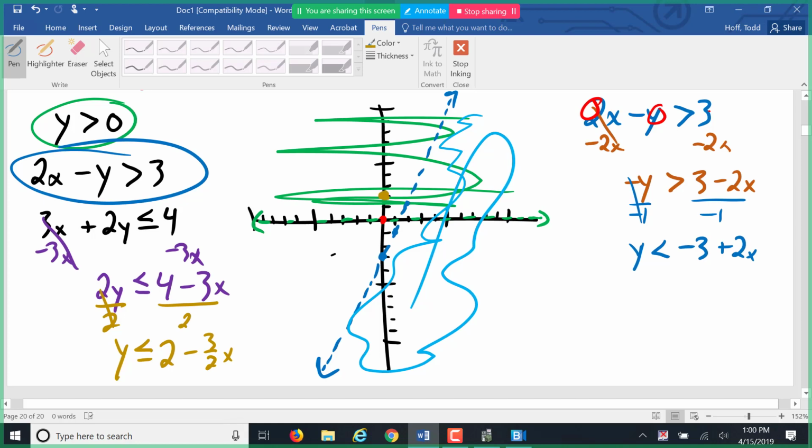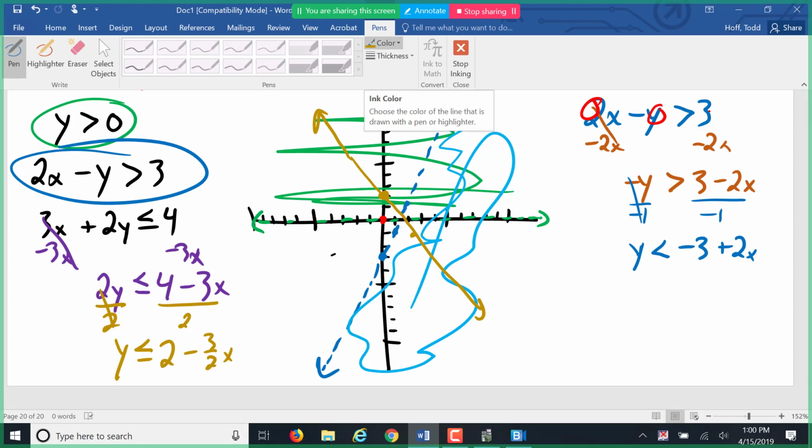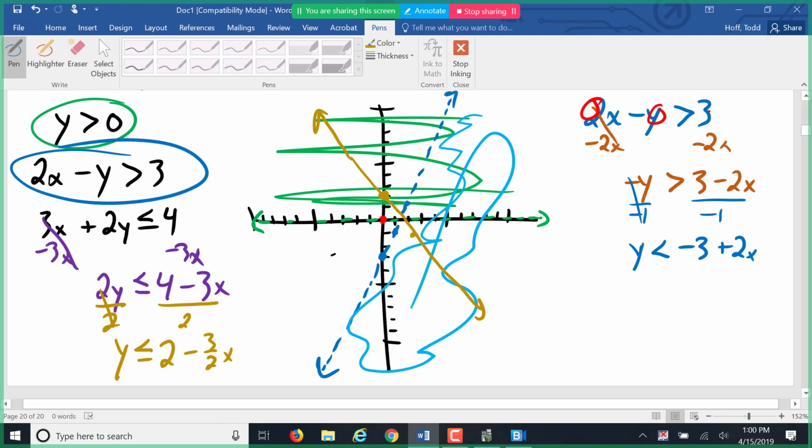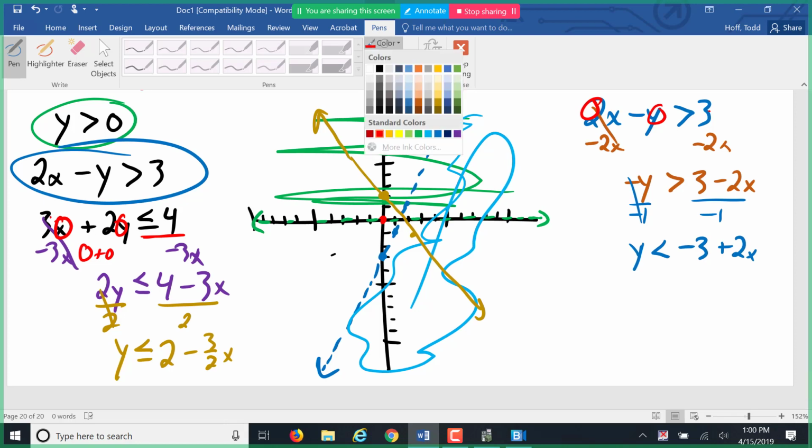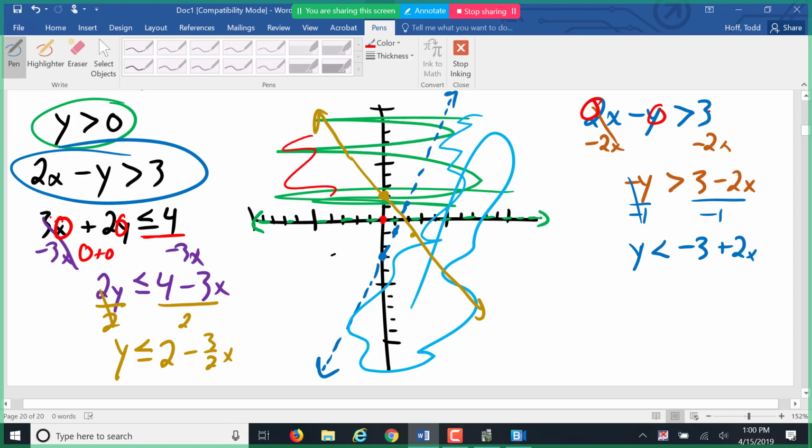We go down 3 over 2. It's going to be a solid line. I didn't plan that out very well. Our test point 0, 0, if we put that in, 3 times 0 is 0, 2 times 0 is 0. 0 plus 0 is less than 4, so it's true there. So we color in this side.